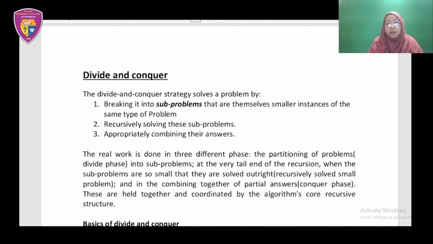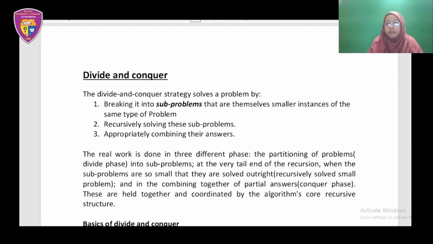That is why they are called instances of the same problem. Okay, and then we recursively solve these smaller problems, and then at last we appropriately combine their answers. The real work is done in three different phases.